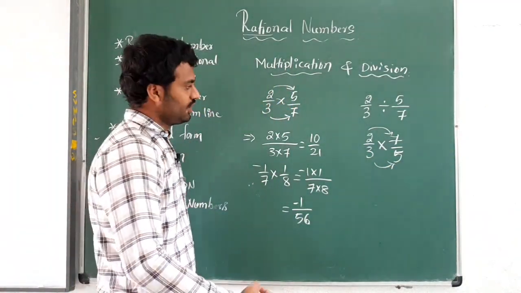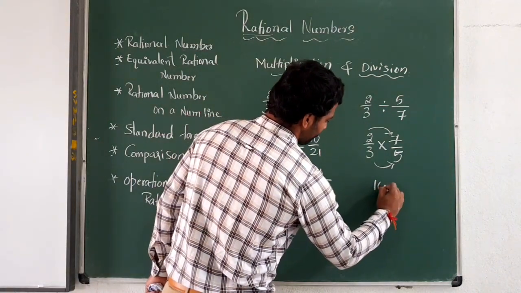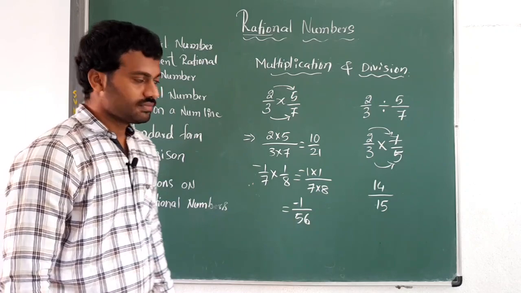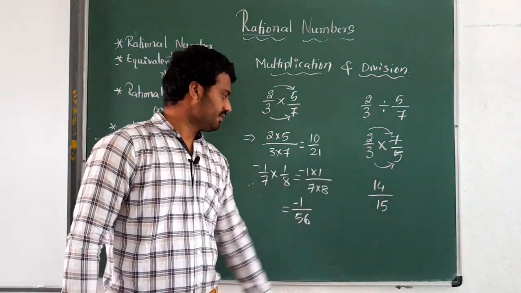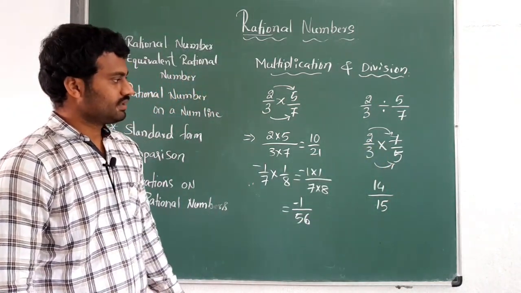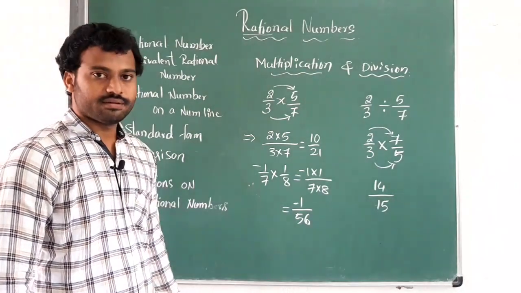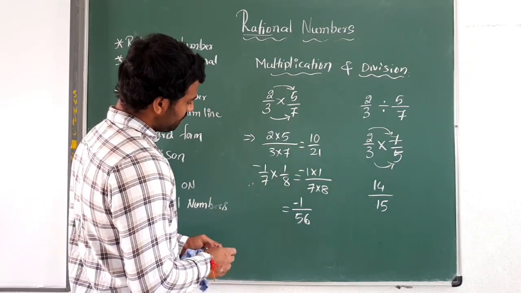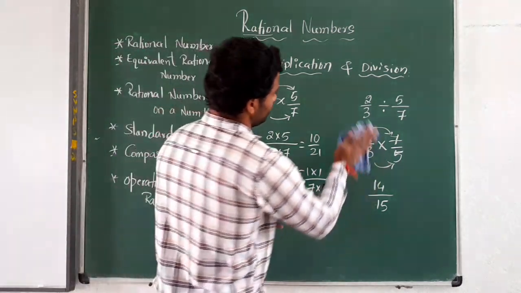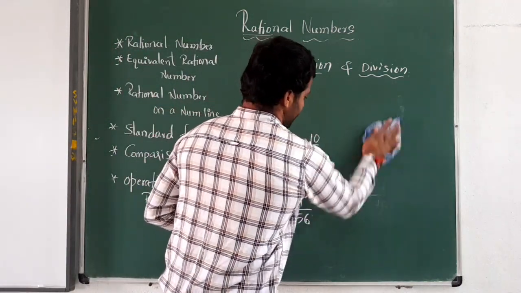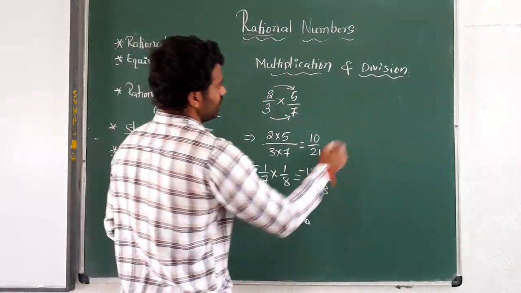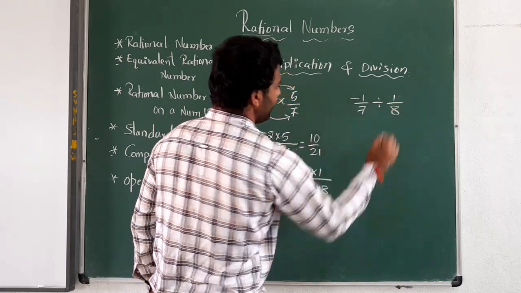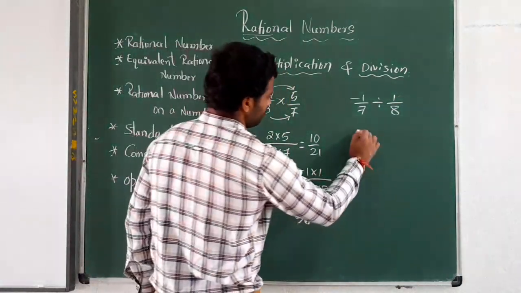So now we know already how to multiply two rational numbers: numerator to numerator, denominator to denominator. 7 2s are 14, 3 5s are 15. Clear or not? Division is different. Now if you want to do this one, with the numbers minus 1 by 7 divided by 1 by 8, what do you have to do?